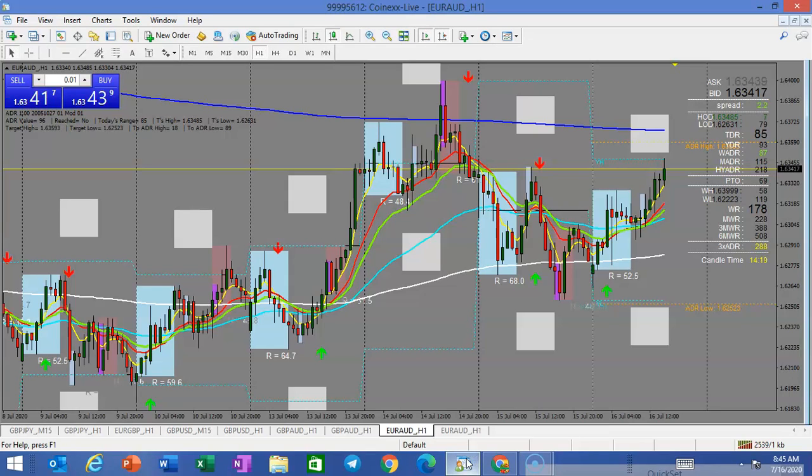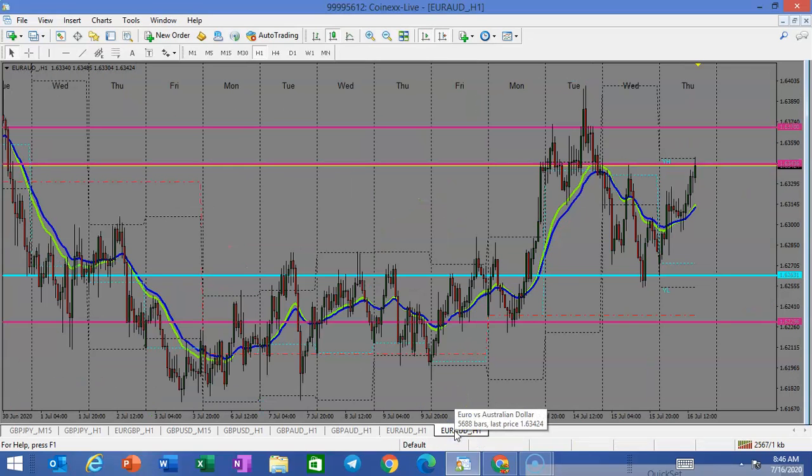Okay, so I was looking at Euro AUD before my computer went down. Euro AUD just kind of took off due to the Fed news.